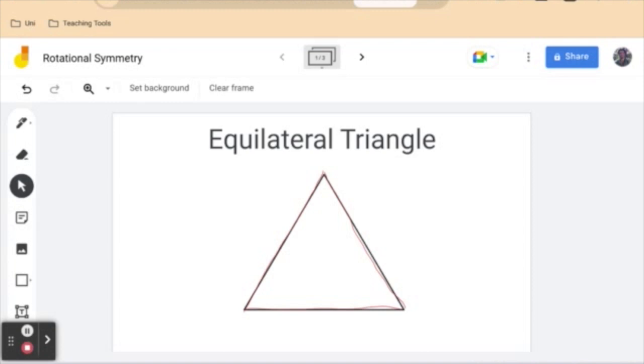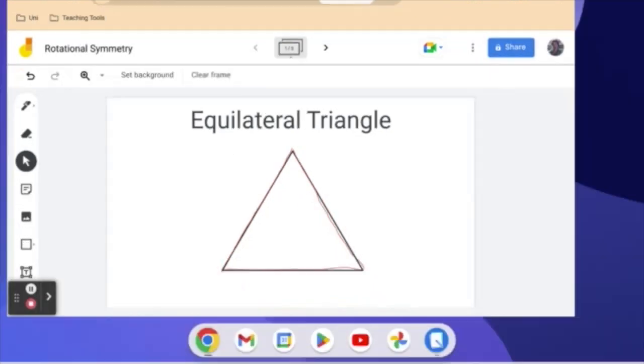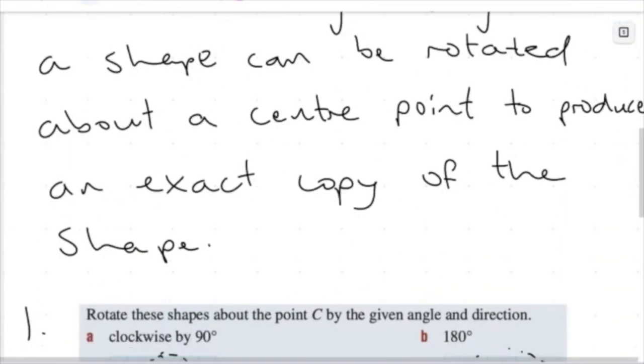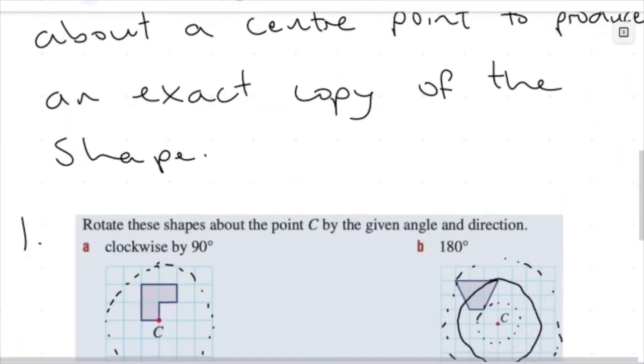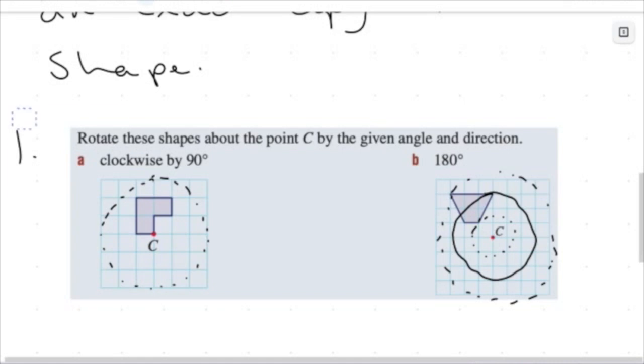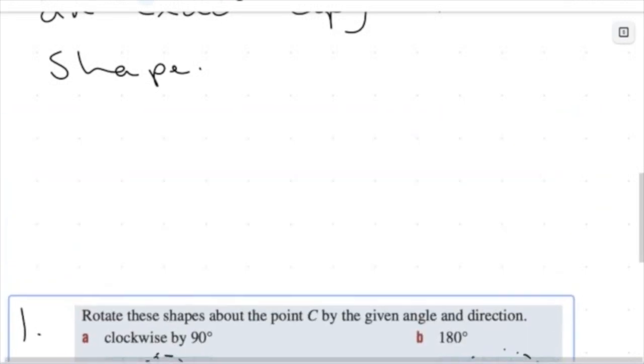Now, I have three different shapes here that we're going to go through, and we're going to talk about rotational symmetry and what we call the order of rotational symmetry. I might write that down here just to give you guys a bit of insight into that.